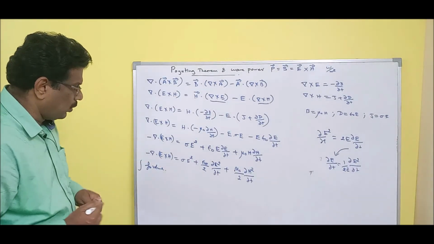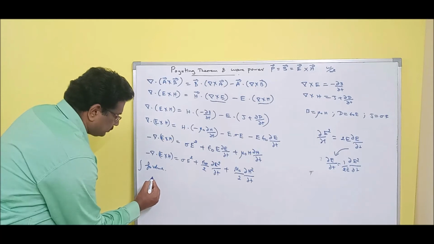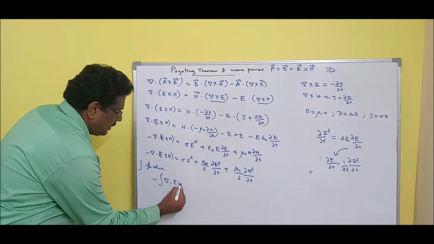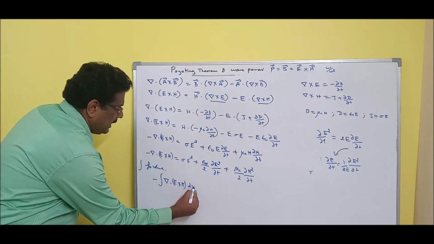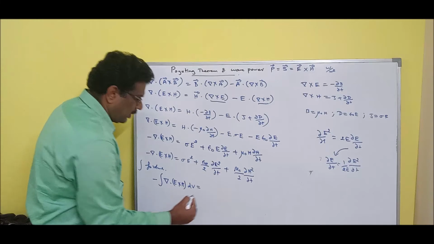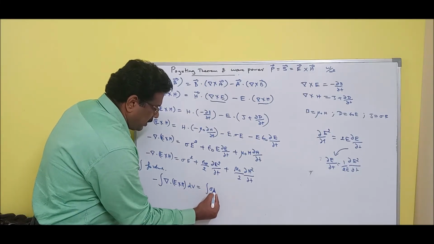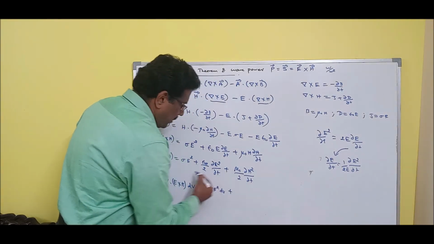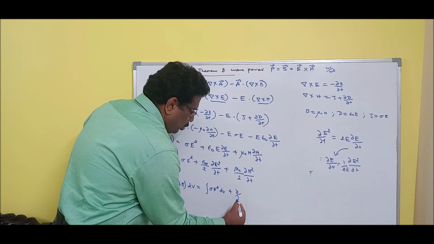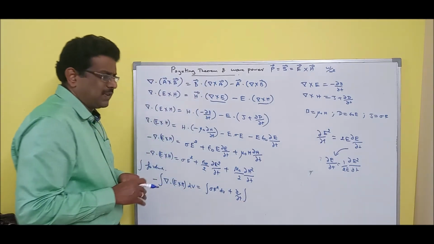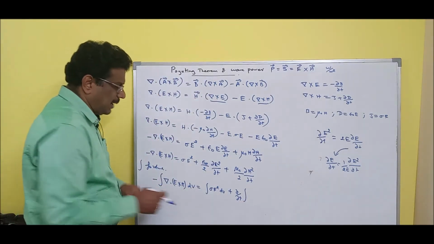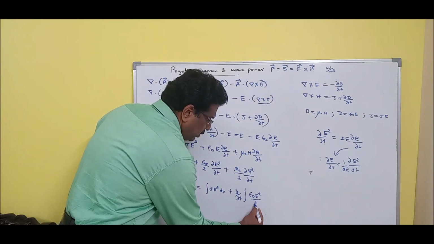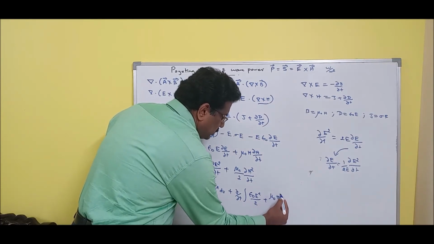The result will be minus integration del dot E cross H dV equals integration for volume sigma E square dV plus, since dou by dou T is common for these two, dou by dou T of the volume integration, which is over x, y, z and independent of time, so I brought dou by dou T outside, epsilon naught E square by 2 plus mu naught H square by 2.